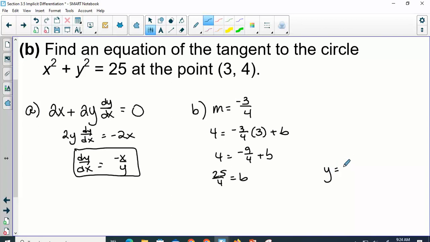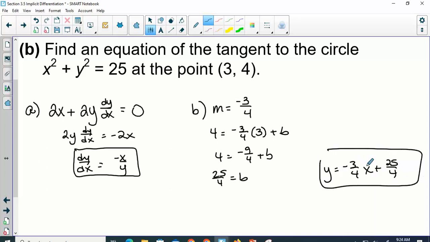So y equals negative 3/4 x plus 25/4 for the equation. Is that okay?